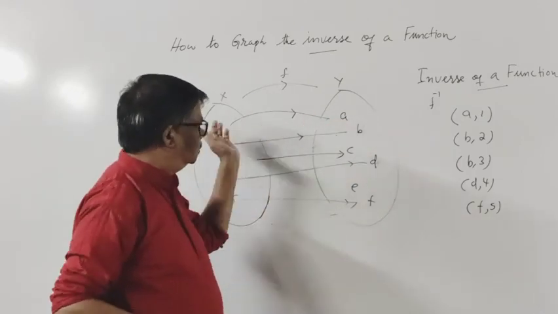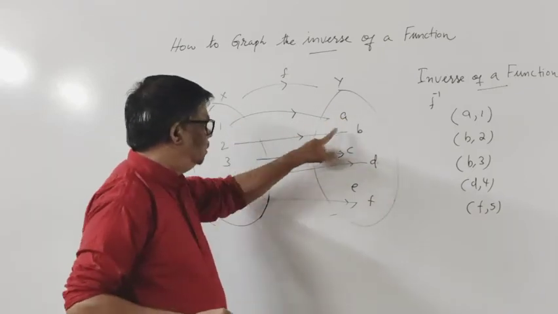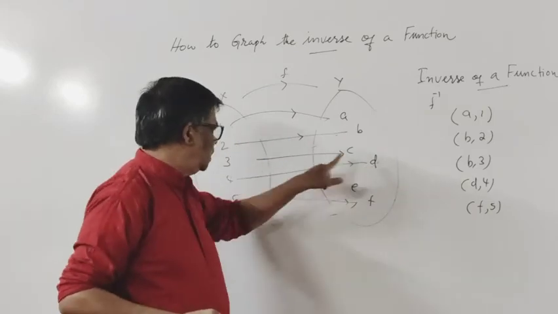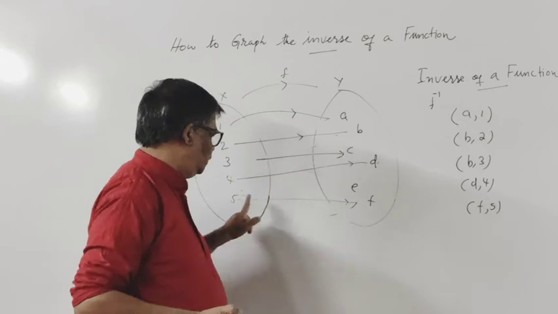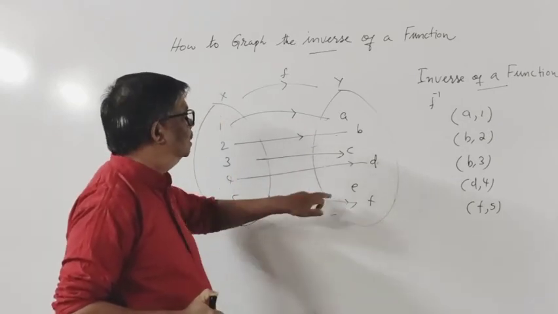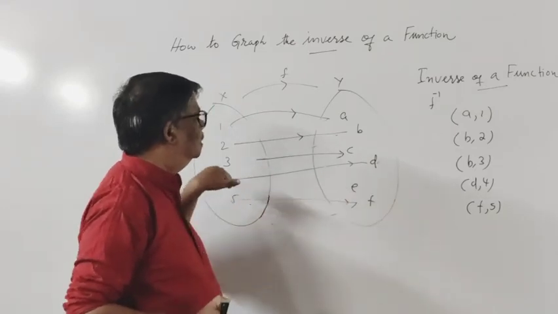When you take the reverse, A is having only one image, B is having only one image, C is having only one image, D is having only one image, F is also having only one image. But E is not having any image when you look back.